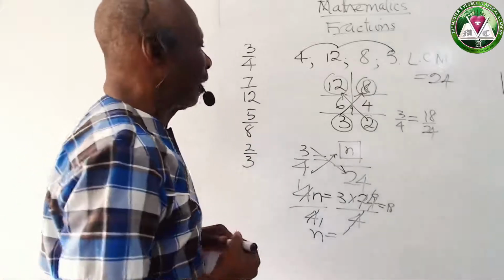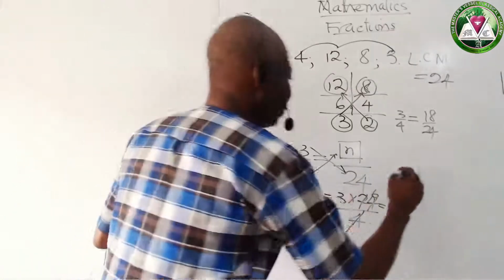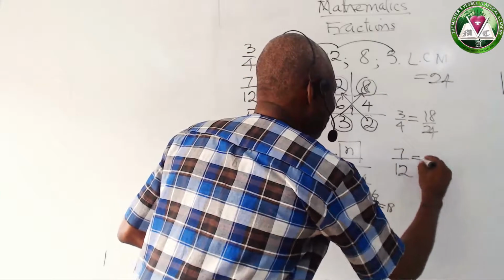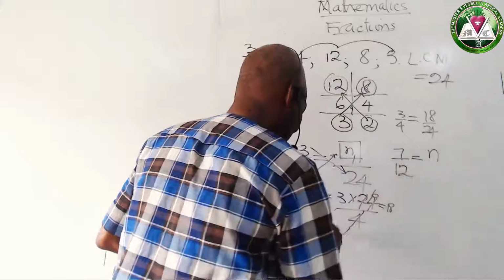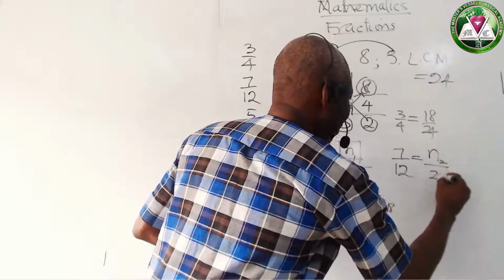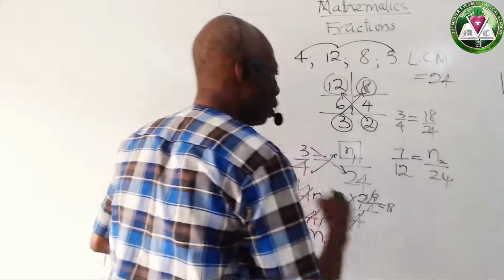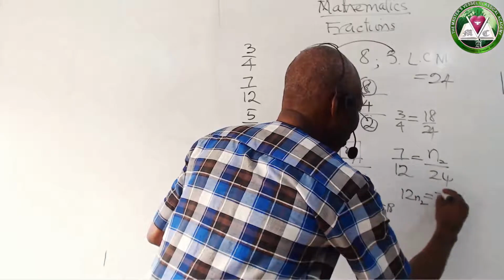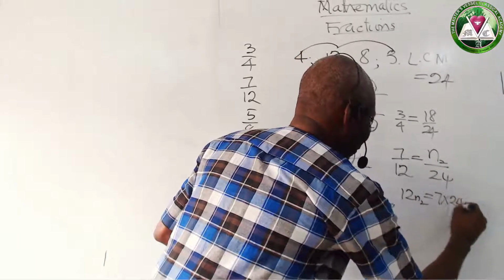We shall go to 7 over 12 and do the same thing. We will now say 7 over 12 is equal to another n, n2, all over 24. As usual, cross multiply. You have 12 n2 is equal to 7 times 24.